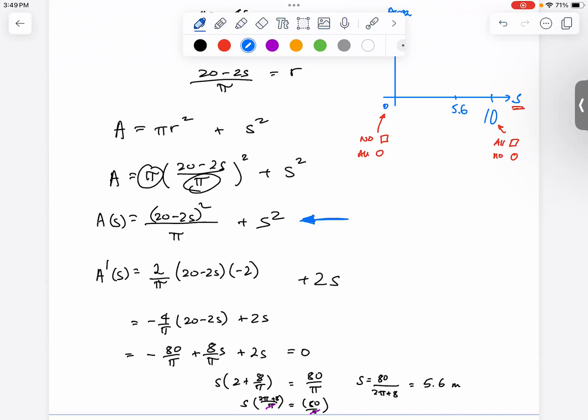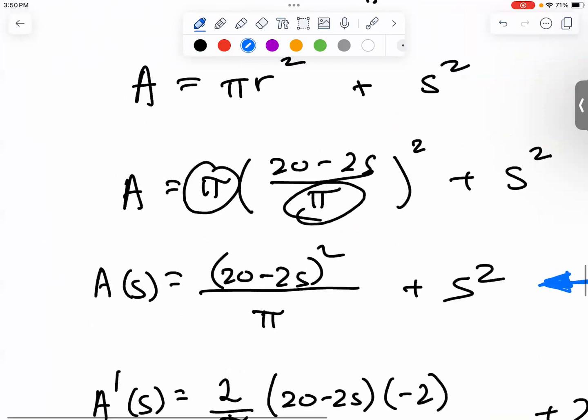Let me go ahead and bring you to this point right here. If I ask you, what function is this? Can you see what function it is? A function that we have learned in the past. Since s is the variable, the pi in the denominator is just a coefficient.